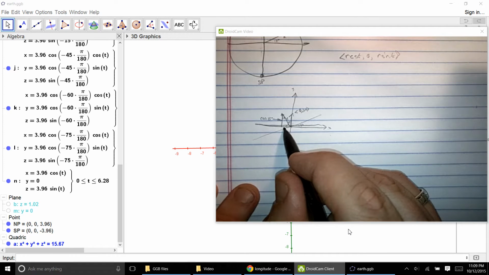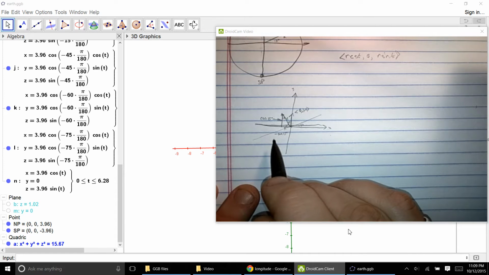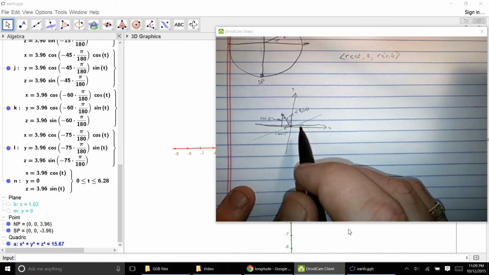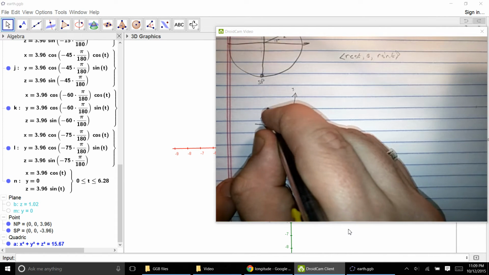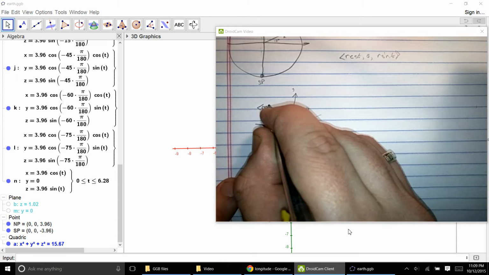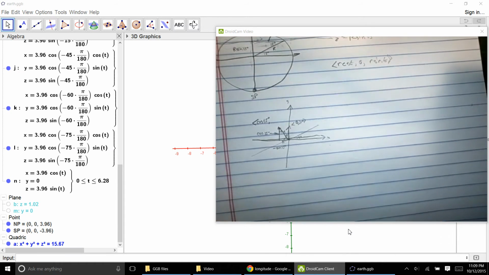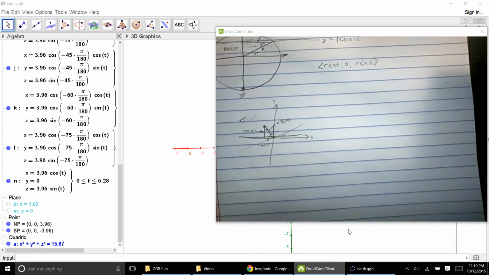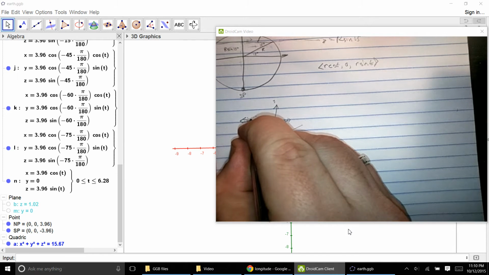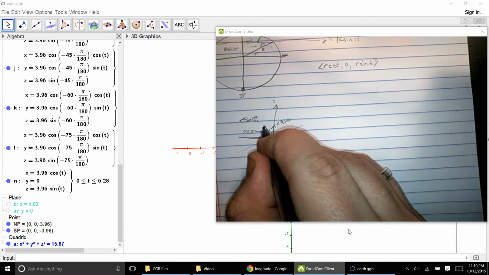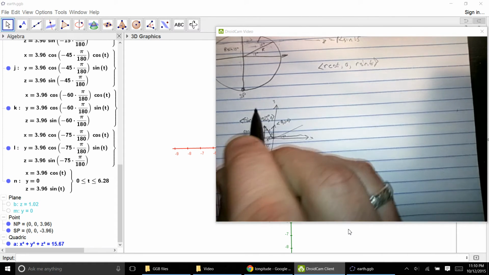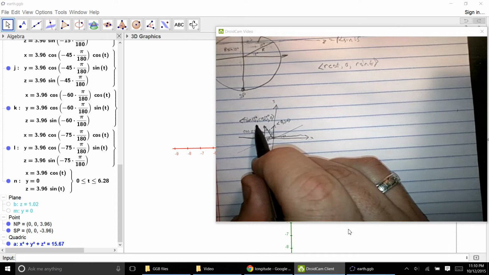This here is the negative sine of 15, because it's backwards on the x-axis. And this vector is in the xy plane, so it has a z component of 0. Gotta be careful there. The x component is negative sine 15. The y component is cosine 15, and the other one is 0.